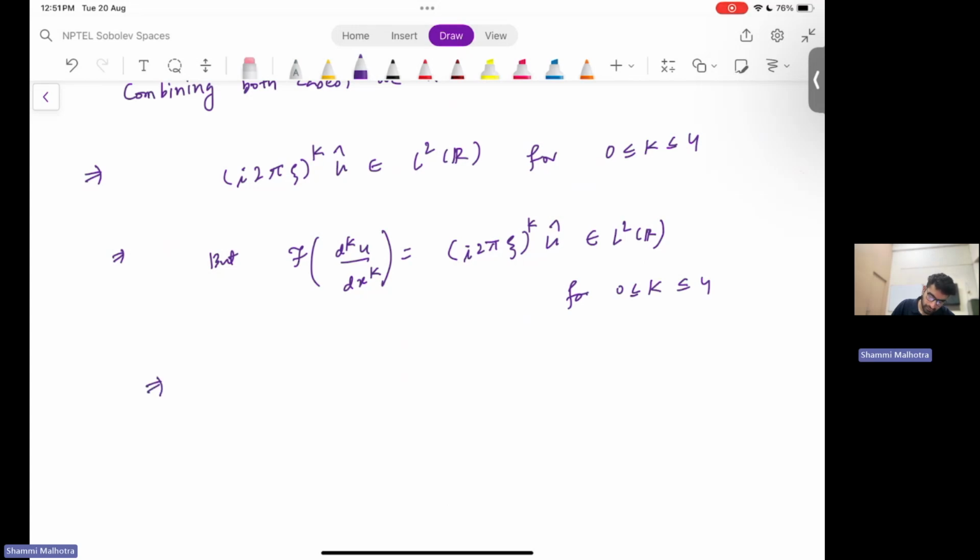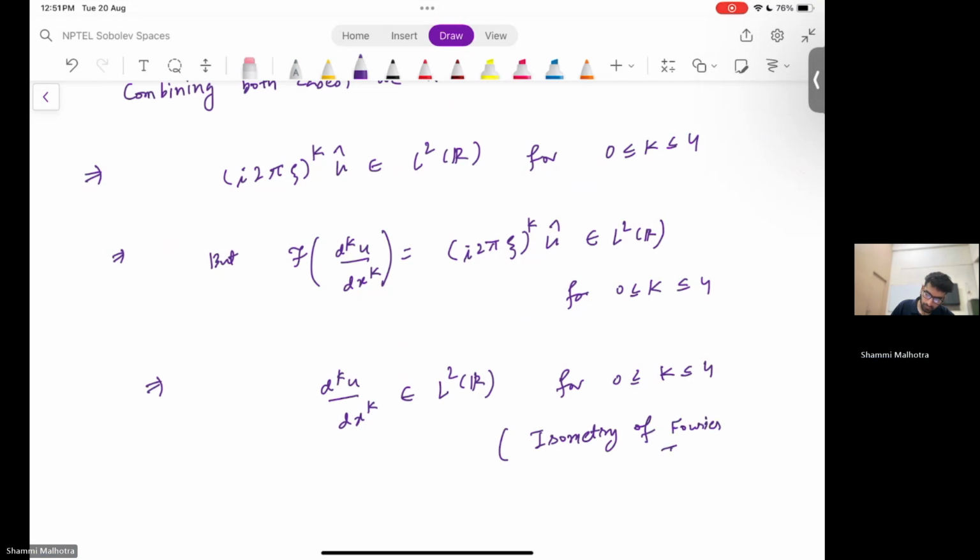What this implies is that the Fourier transformations of the derivatives are in L2, and again using the isometry of the Fourier transformation, we have d^k u by dx^k is again in L2(R) for k from 0 to 4. And that basically proves our claim.